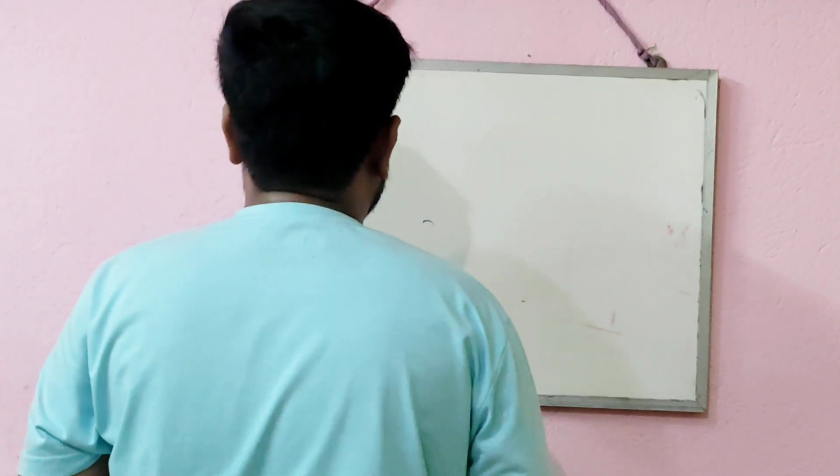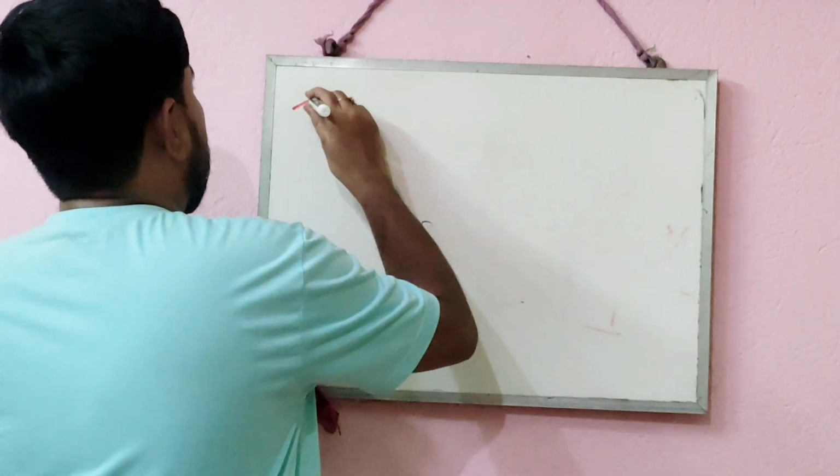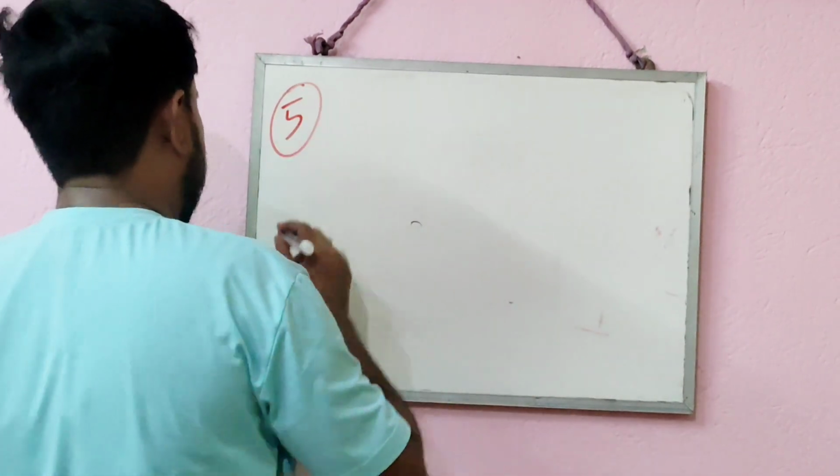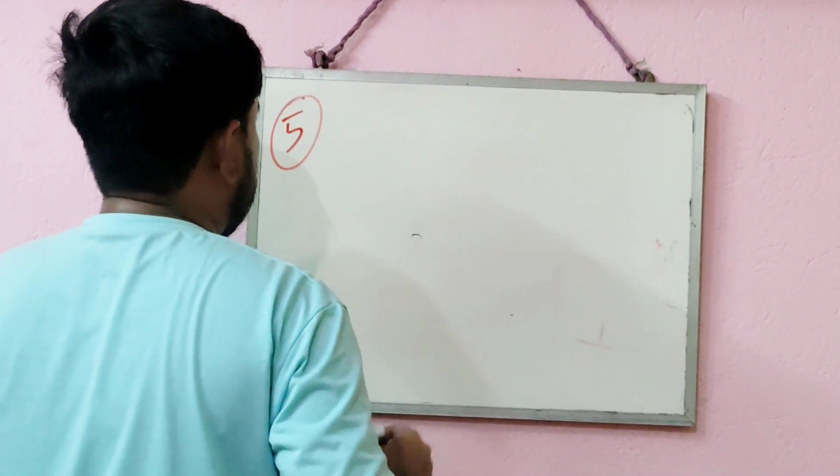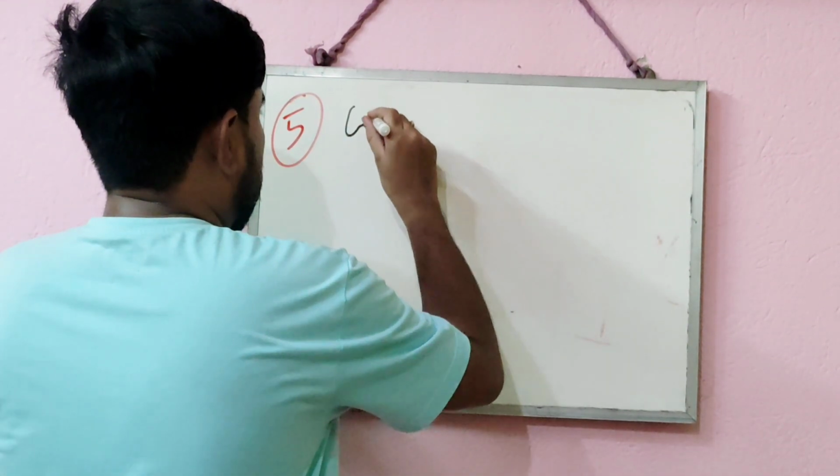Now I am going to explain the last and final classification of anti-asthmatic drugs, that is glucocorticoids.